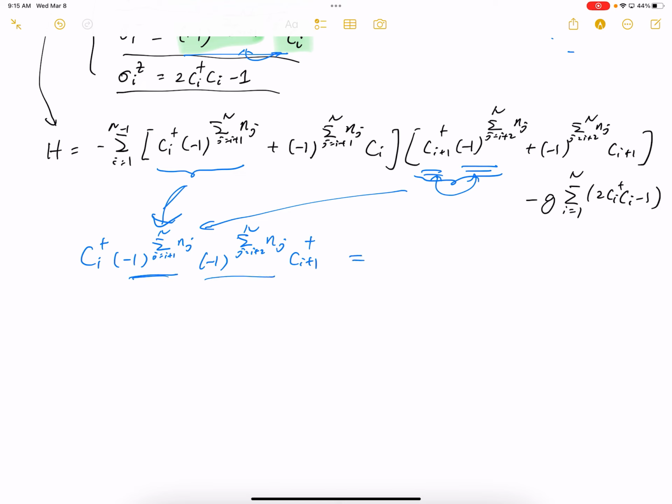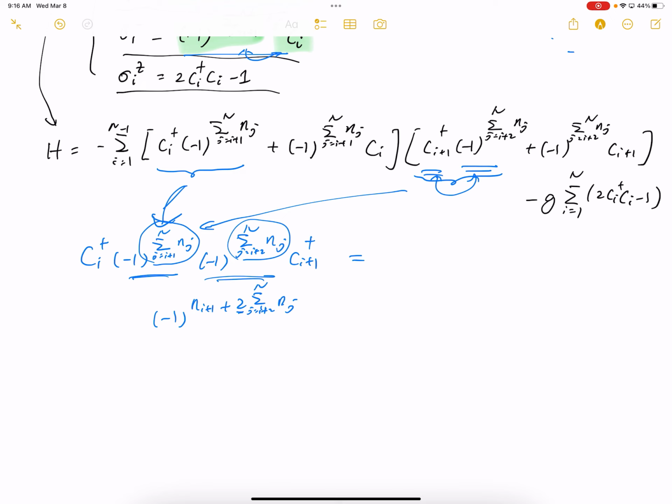And then let's try to simplify this. In these two products, you can combine the exponentials because these operators commute. They're all number operators. And you can see that this part is actually counted twice, because j goes from i plus 1 to n, and the first one also contains that, except for the first term, which is n_{i+1}. So you basically have (-1) to the n_{i+1} plus 2 times the sum from j equals i plus 2 to n of n_j.